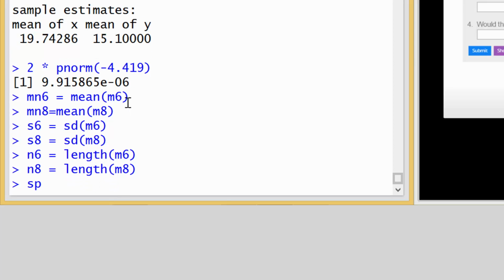So we want S sub p, and that's going to be the square root. Let's get a square root in there, and then I need a second parentheses, and then a third parentheses. So then I want (N6 minus 1) times S6 squared plus (N8 minus 1) times S8 squared. Let's double check my parentheses.